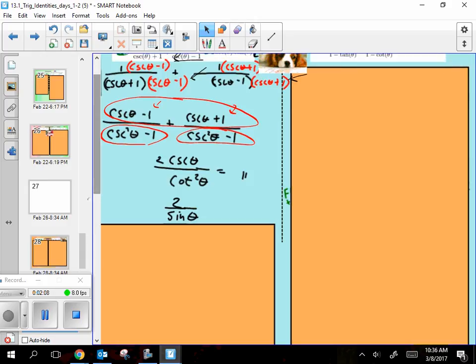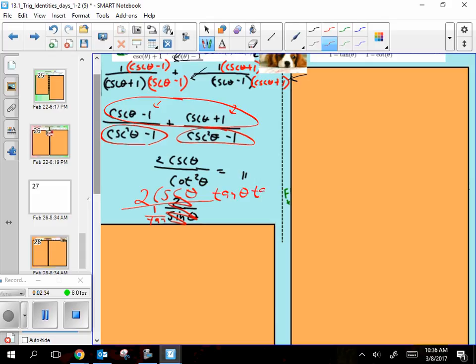over cotangent squared. And then I suggested what I would have done, a little different than this teacher did. I would have said 2 cosecant and then cotangent, cotangent's on the bottom. So I would multiply instead of dividing by 1 over tangent. I would multiply by tangent, so this will be a tangent squared on top.